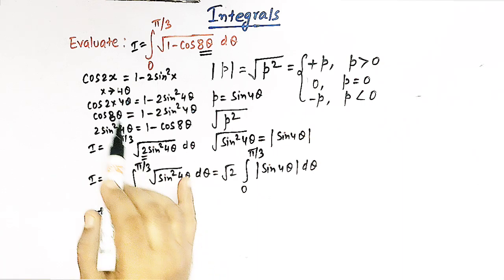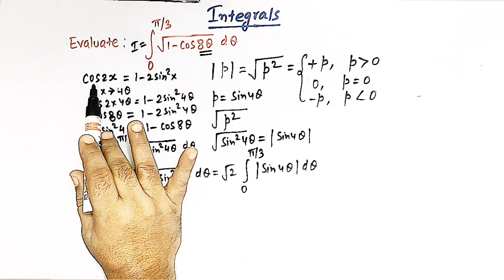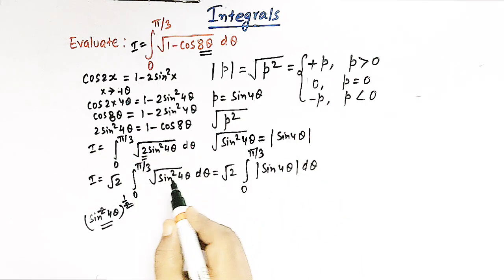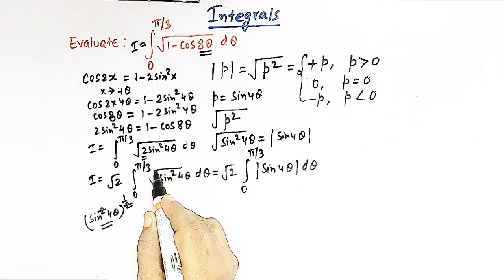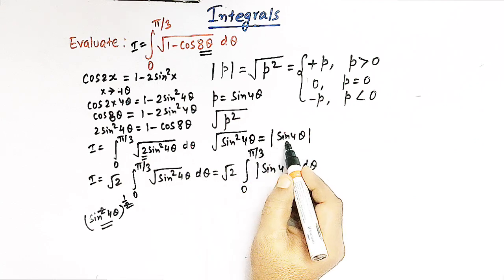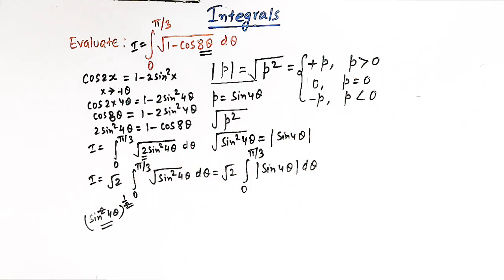So the first step was to make use of the double angle formula for the cosine function. The second step is to express the square root of sine square 4 theta as mod of sine 4 theta due to this definition of mod function. Now let us take the third step.